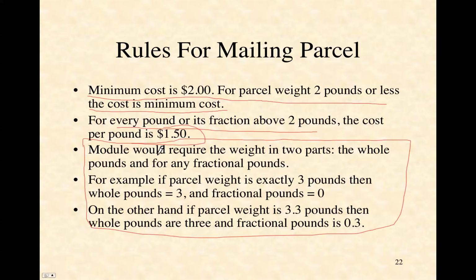So as a general procedure, the module will take weight in two parts, the whole pounds and any fractional pounds. For example, if the parcel weight is exactly 3 pounds, then whole pounds is 3 and fractional pound is 0. If it was 3.3 pounds, then whole pounds are 3 and fractional pound is 0.3.